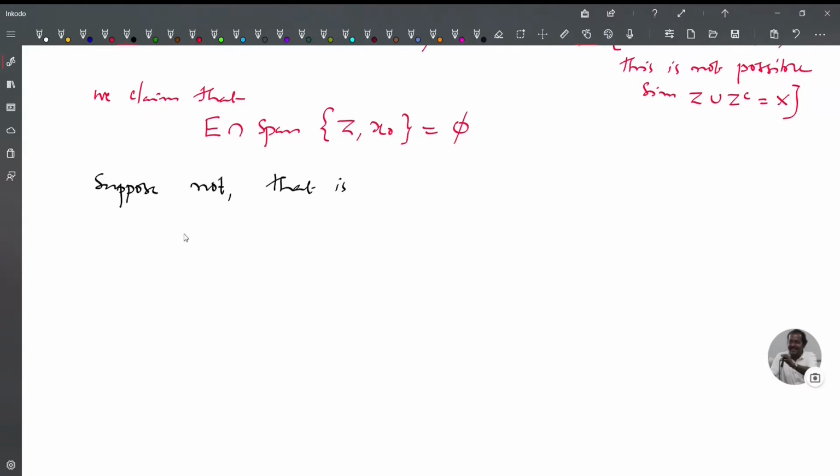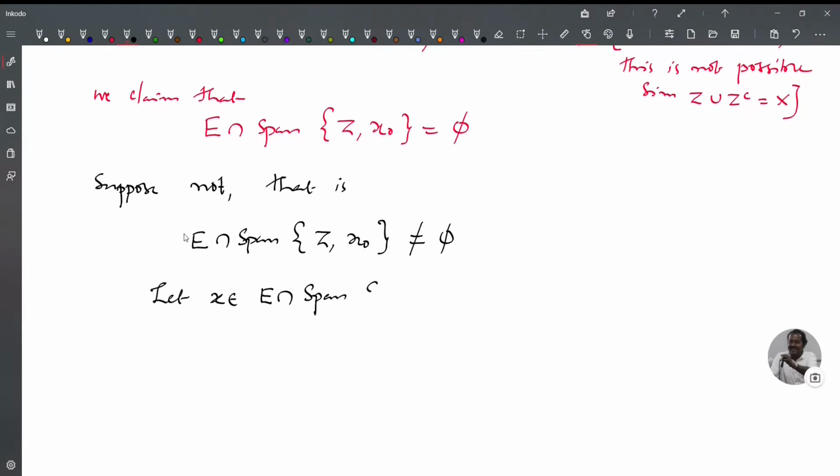E intersection span Z X naught is not equal to phi. So consider an element in E intersection span Z X naught. So let X belong to E intersection span Z X naught.